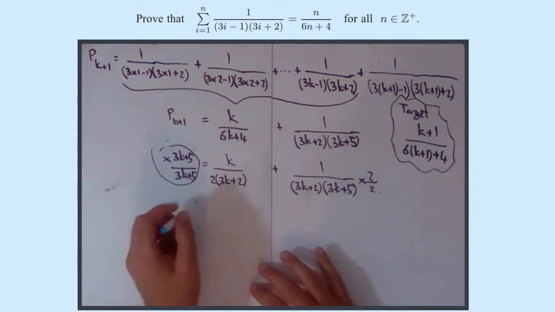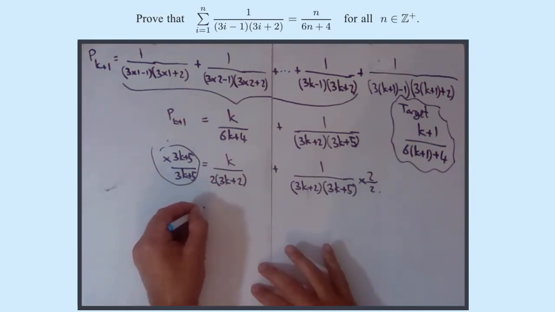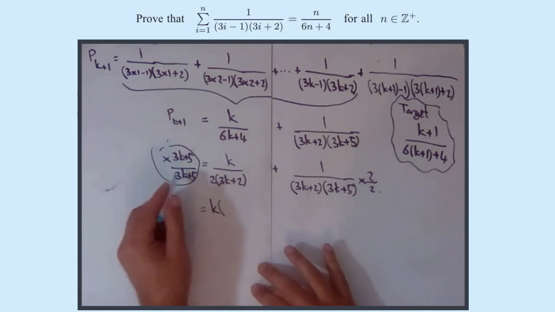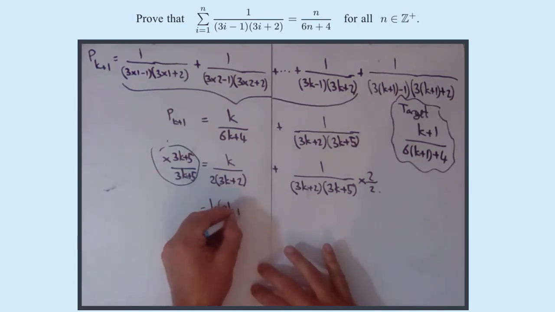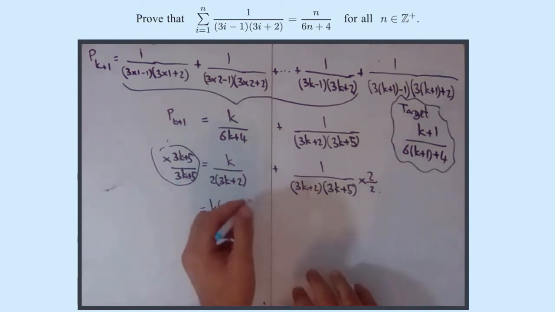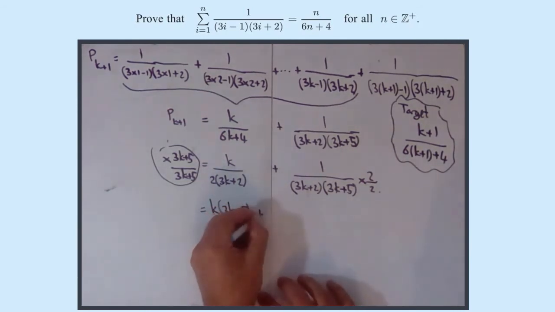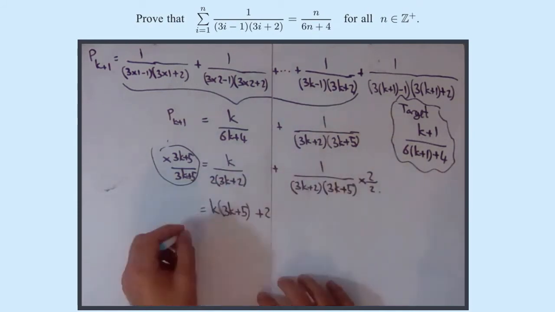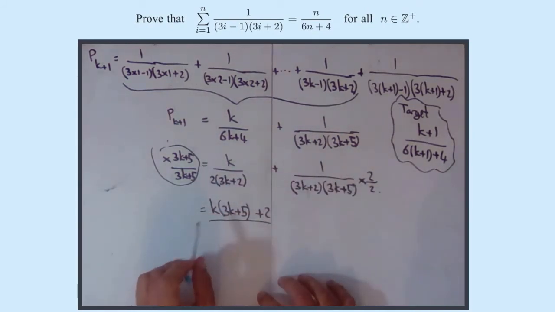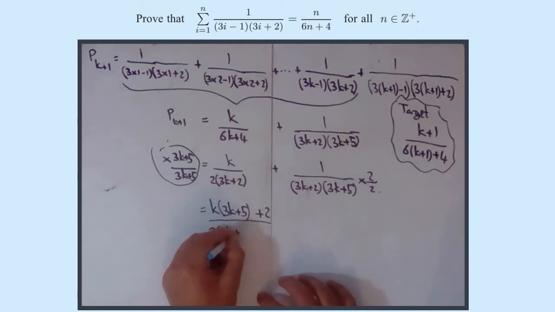Right, so that would be equals k(3k plus 5) plus 2, over 2(3k plus 2)(3k plus 5).